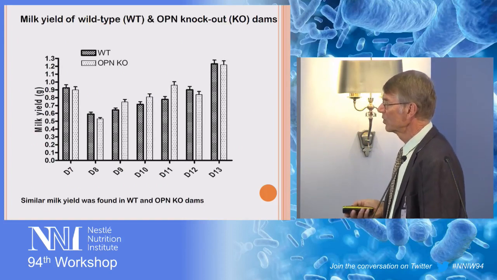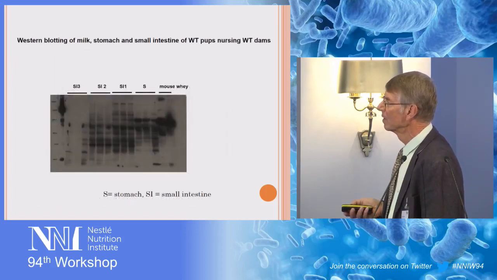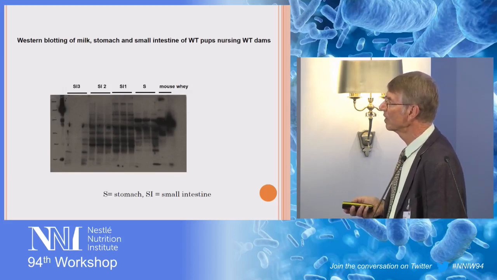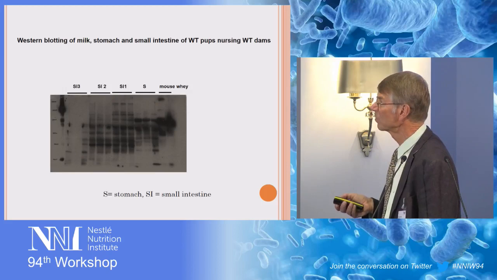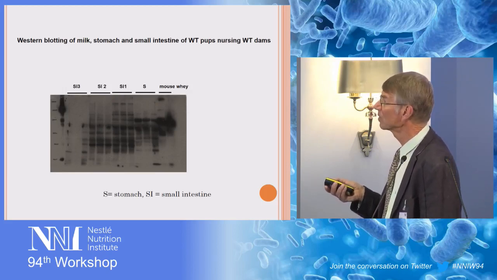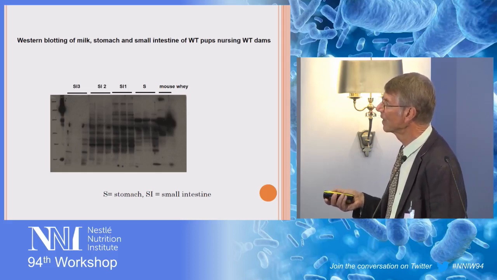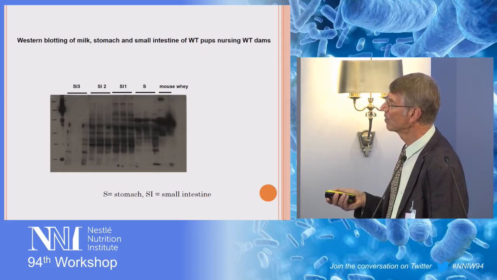Here you can see, like I said, we showed that milk yield was identical in the wild-type and the knockout dams. We killed sequentially some pups that were fed by wild-type dams, so they got osteopontin in the milk. And here is Western blotting using antibody against mouse osteopontin. It's a little bit reversed here. You have the mouse whey here with osteopontin at a couple of different molecular sizes.